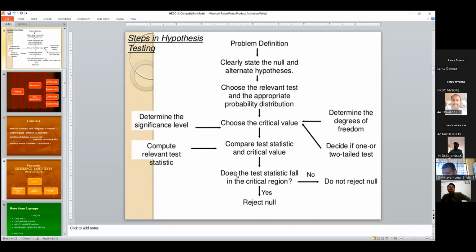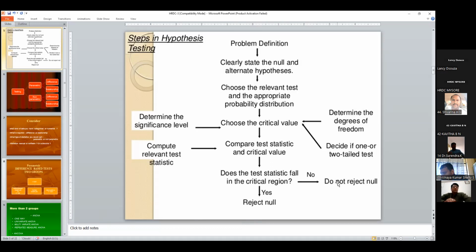Whereas in the alternative or directional case, if the test statistic falls under the critical region, we accept the alternative or directional hypothesis. And if the test statistic is not significant, we say alternate hypothesis or directional hypothesis rejected. So this is how the entire process goes in hypothesis testing per se.